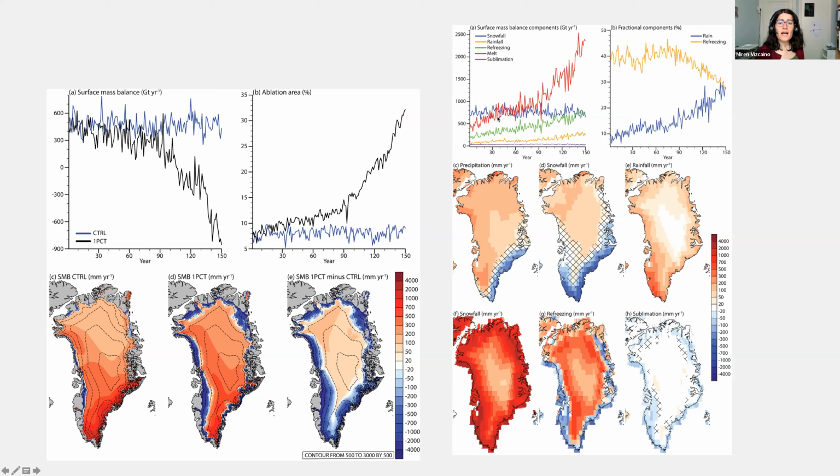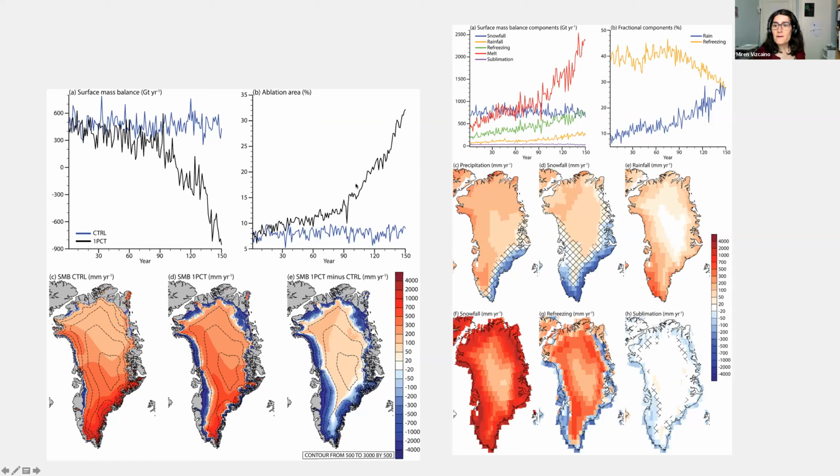Okay, and so if we look at the time series, I want you to focus on the melt. The melt is increasing as the CO2 is increasing, but at some point we see a very, very strong acceleration in the melt rates, and they increase very quickly, and this is coincidental with this large expansion of the ablation area.